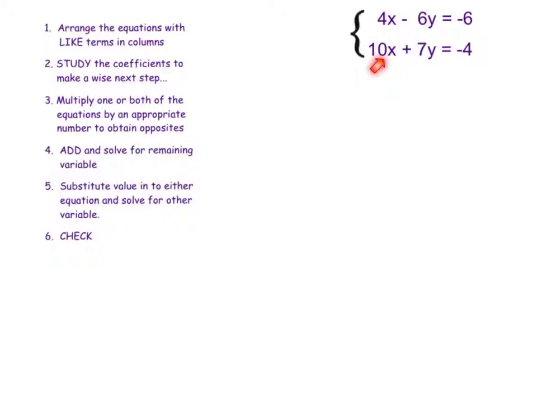All right, so I'm going to multiply this whole first equation by 7 and the whole second equation by 6. So then I have 28x minus 42y equals negative 42.